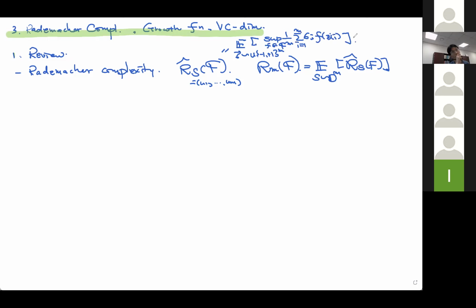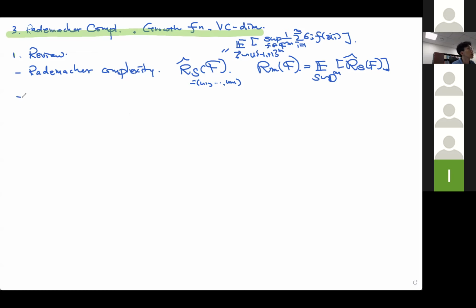That's how it's defined. The reason we are interested in this concept is that the definition of Rademacher complexity captures intuitively how rich the function class F is. At the same time, it has a lot of symmetries, which allows us to come up with some nice results involving Rademacher complexity.